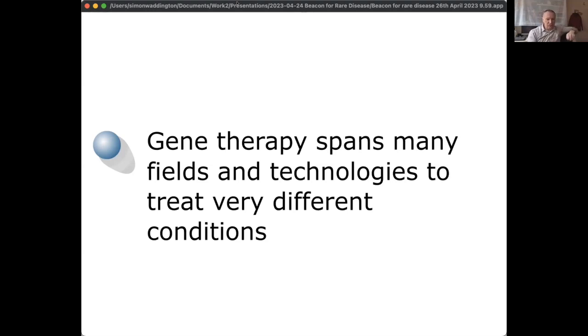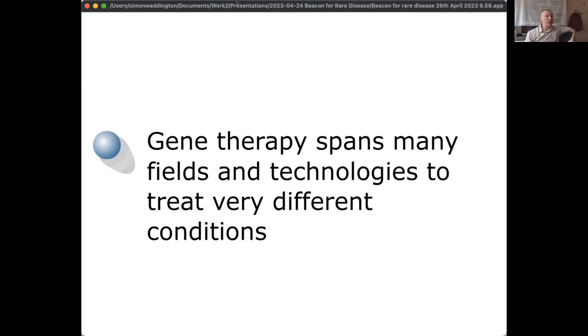And here you're delivering genes that are designed to cause damage, to kill tumor cells, and also to cause an immune response. On the other end of the spectrum, you've got the sort of work that I'm involved in, which is treating inherited genetic diseases. And there you're trying to deliver genes as stealthily as possible.